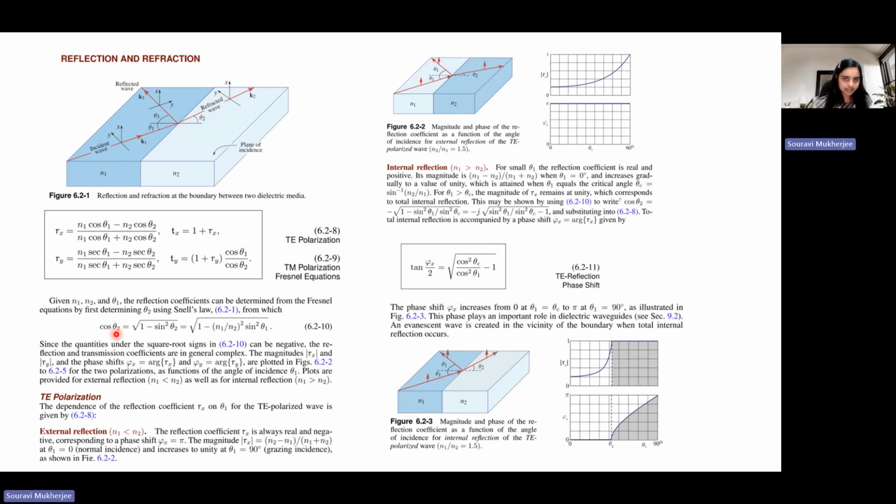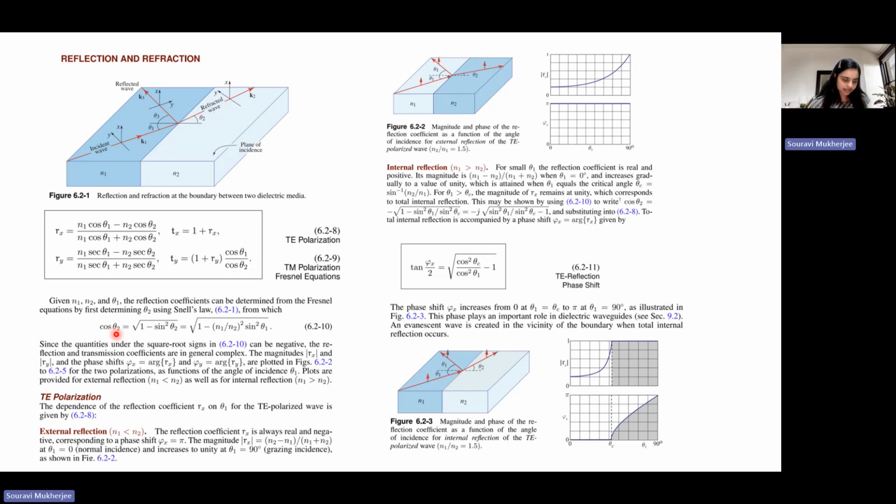Because your angles can become complex based on the combination of your dielectric constants and the angle, your reflection and transmission coefficients can become complex quantities, which means that at reflections, new phases get added to the wave.